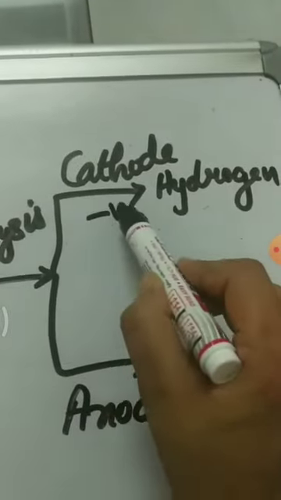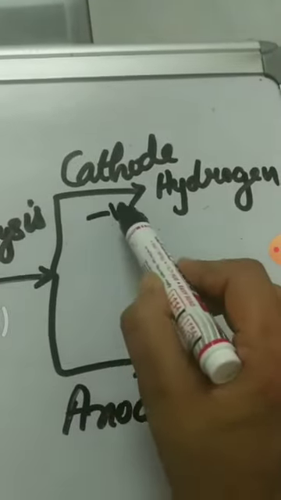When we heat calcium carbonate, then we get which product? Calcium oxide and carbon dioxide gas will be liberated. This is thermal decomposition.